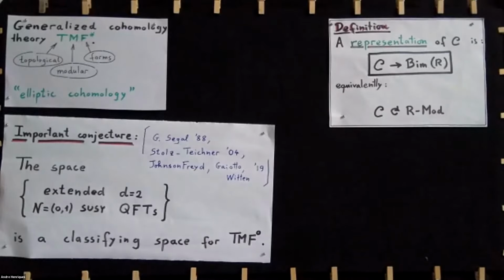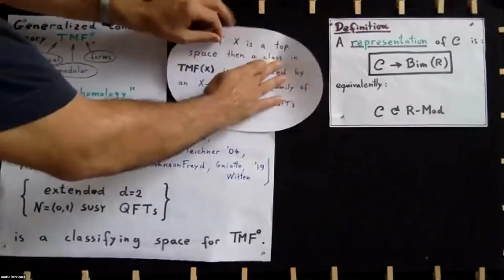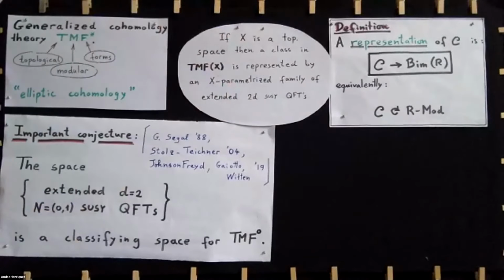Another equivalent way of saying the same thing is that if X is a topological space, then a class in TMF of X can be represented, up to homotopy, as a family parametrized by X of extended two-dimensional supersymmetric quantum field theories. Here maybe I should say what extended means.